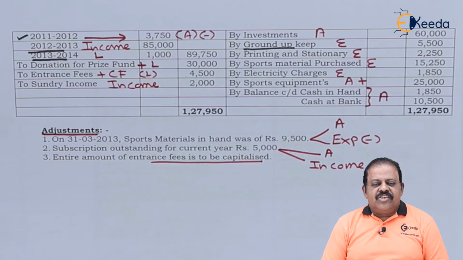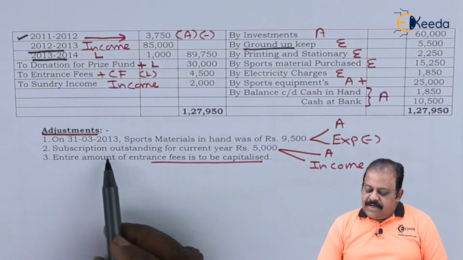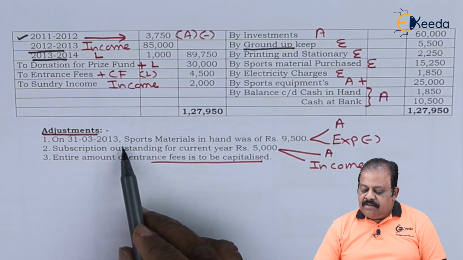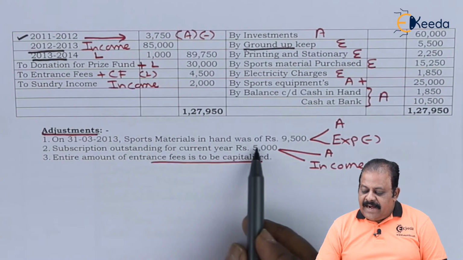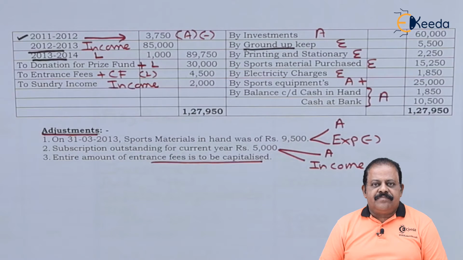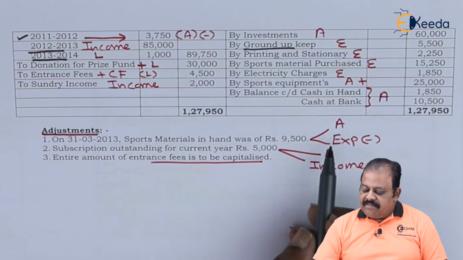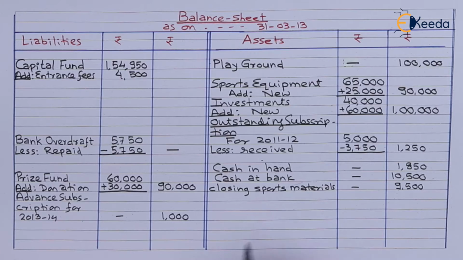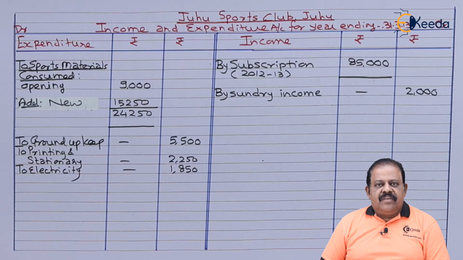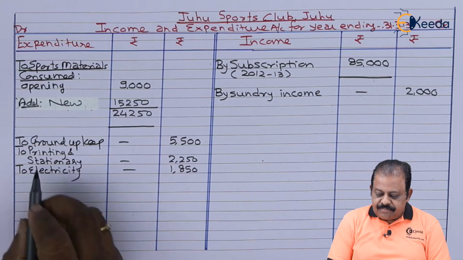Let us go through the adjustments. First adjustment on 31st March 2013. Sports material in hand was 9,500. One effect, it will be recorded on asset side. Closing sports materials 9,500. This will have another effect on expenditure side.